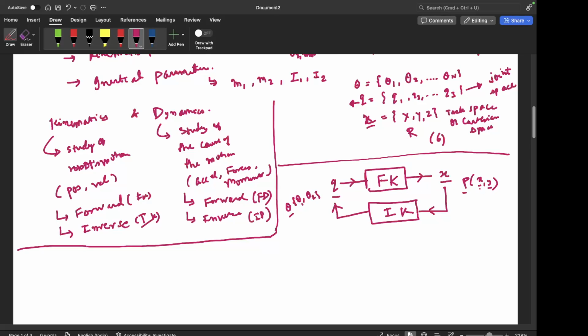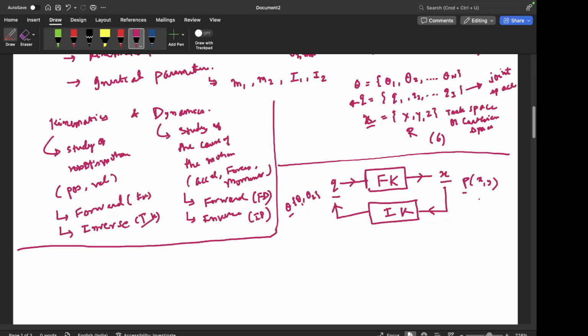And wait, I should not put vector symbols here. These are scalars. P is a vector. So knowing theta 1 and theta 2, the joint angles, and then using some relations calculating the position of the end effector, that is forward kinematics.